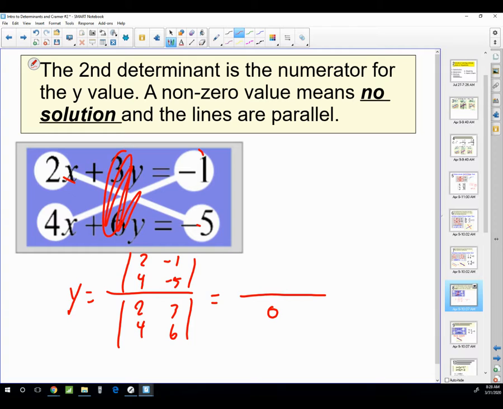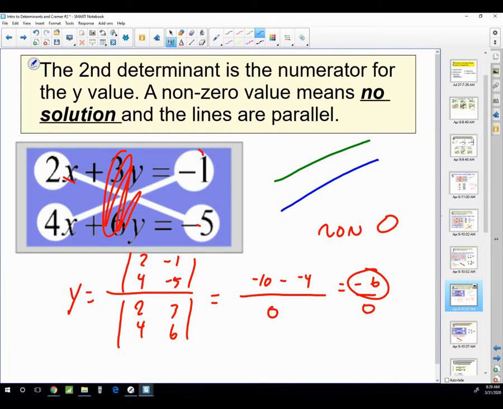And so the top would be -10 minus -4, which is -6. So if the top is non-zero, then what we have is parallel lines. They don't overlap. There's no solution. And if the top were 0, then these lines would overlap and we would have an infinite number of solutions.